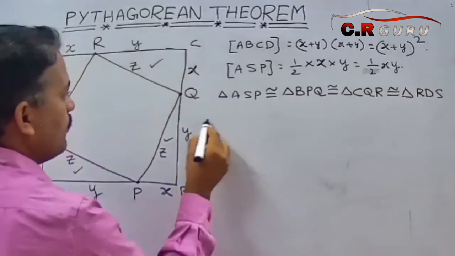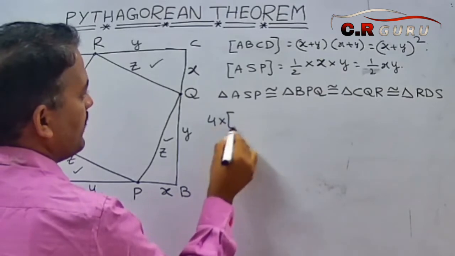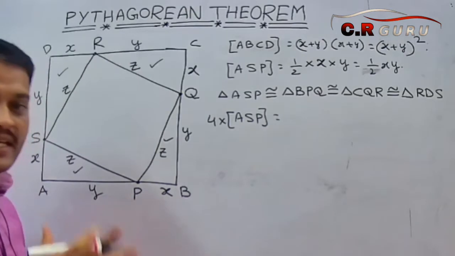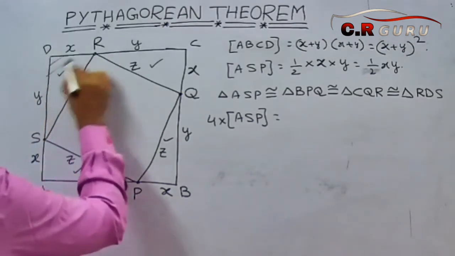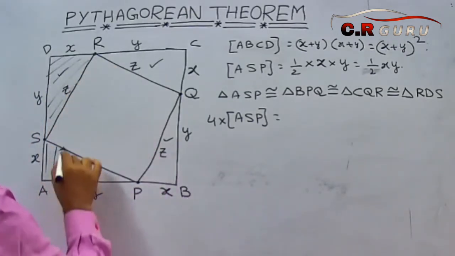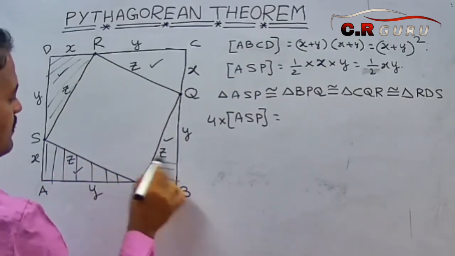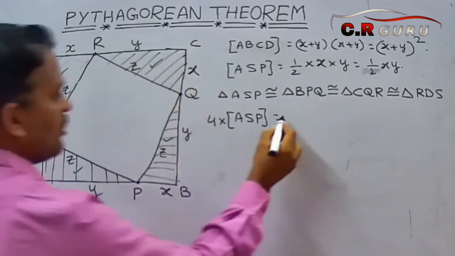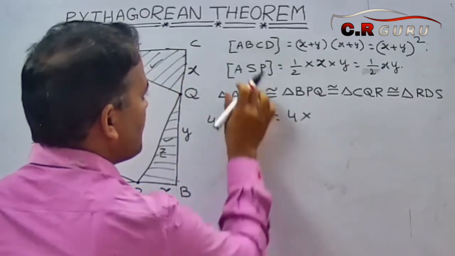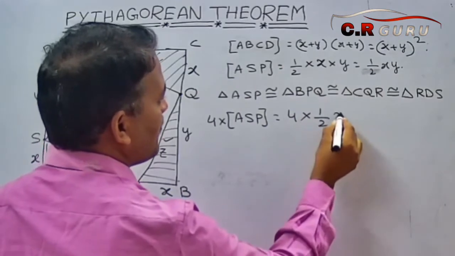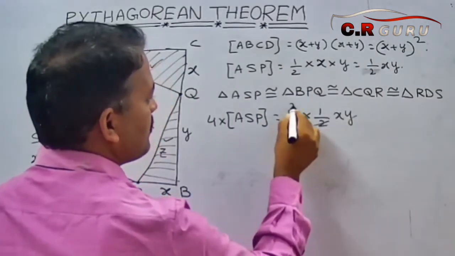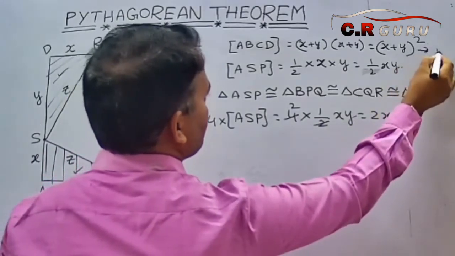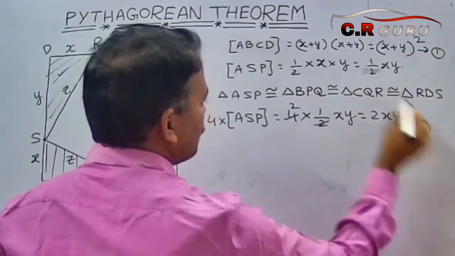So now 4 into the area of triangle ASP covers this area, this area, this area and this area. 4 into 1 by 2 xy; the 2s cancel, and you get 2xy. So this is equation number 1, and this is equation number 2.